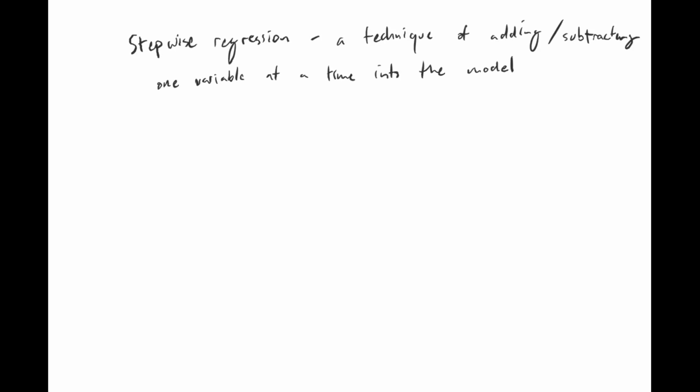So we're going to talk about the two classic ways. There's forward stepwise selection, and there's backward stepwise selection. And we'll talk about how to do each of these in turn.